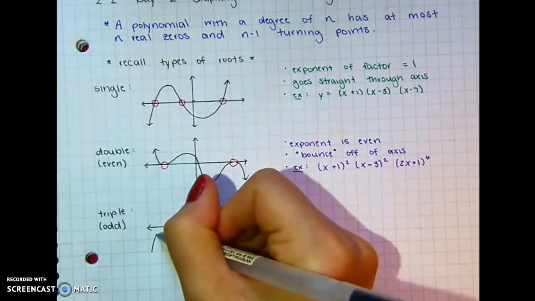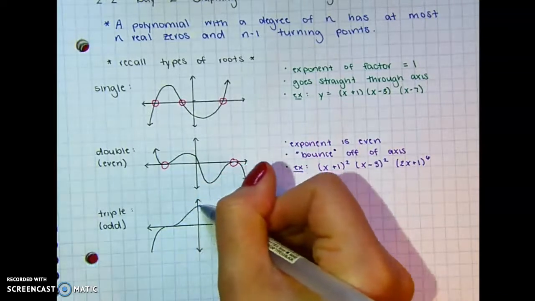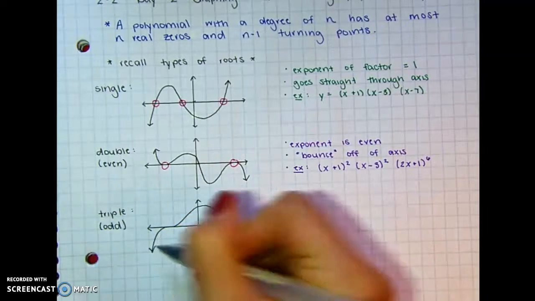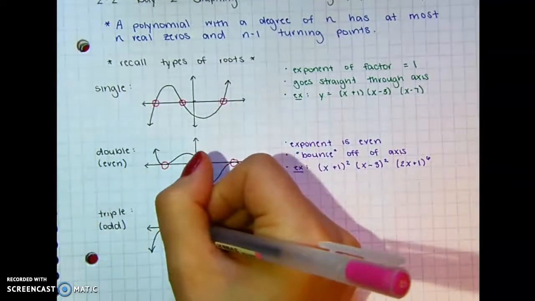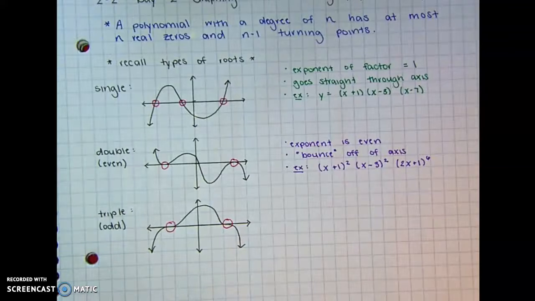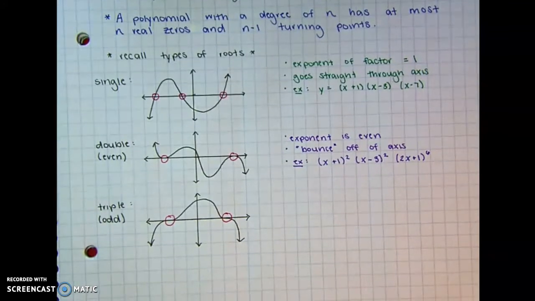So if it were going up, it's when it flattens out like a cubic. So these are roots of an odd or triple.